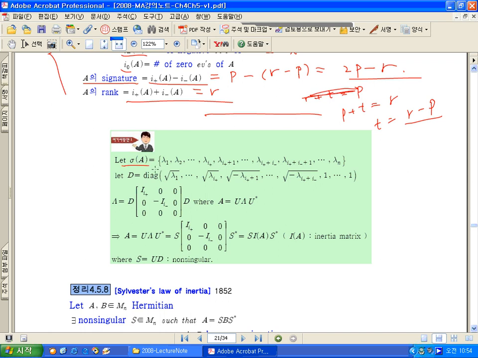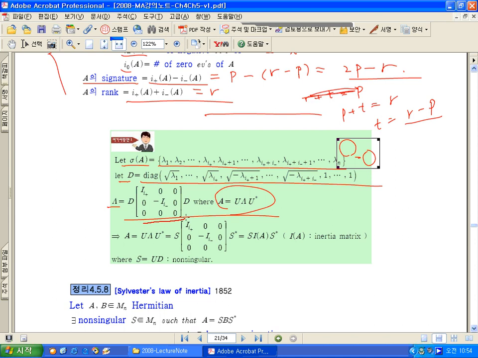Let sigma, the set of eigenvalues of A, be in this order, and D be a diagonal matrix with these. Then D can be written in this way, where A is equal to U gamma U star. Here, gamma has an identity matrix, minus identity matrix, and zero matrices, like this.